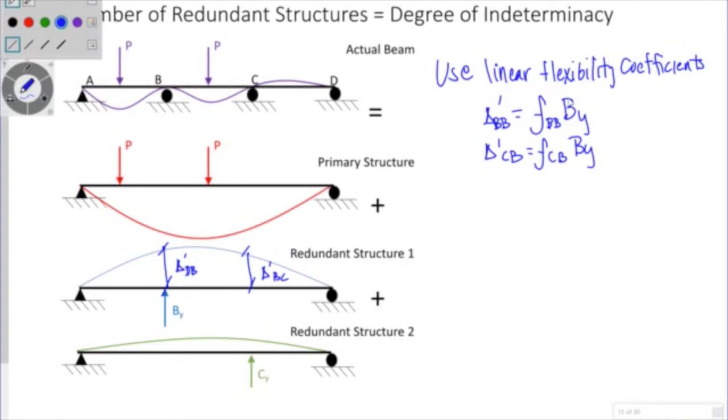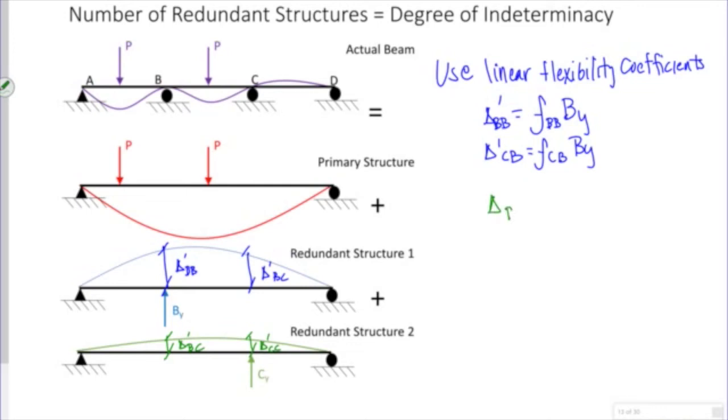If I look at my second structure, I have my deflection at B due to my force at C, and my deflection at C due to my force at C. Deflection at B due to my force in C, FBC times CY.